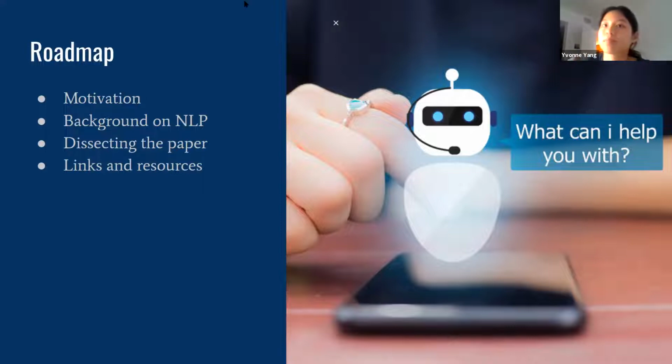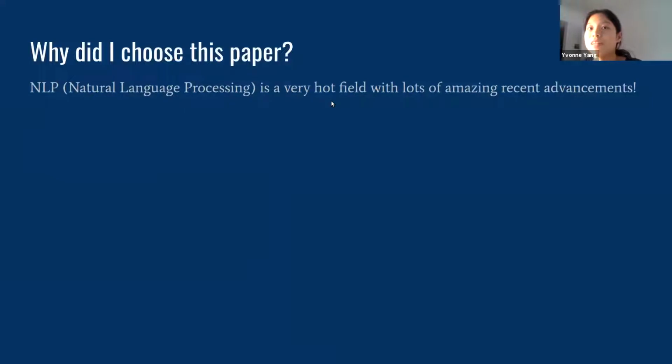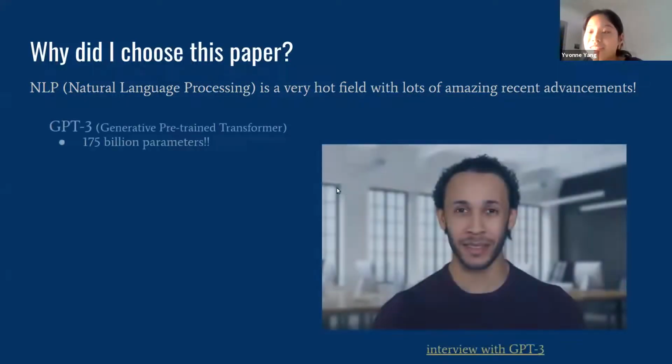And yeah, let's start. So why did I choose this paper? NLP is a very hot field right now. There are lots of companies starting up or research institutes working on NLP, and there are a lot of applications that you can make right now, especially given things like GPT-3.